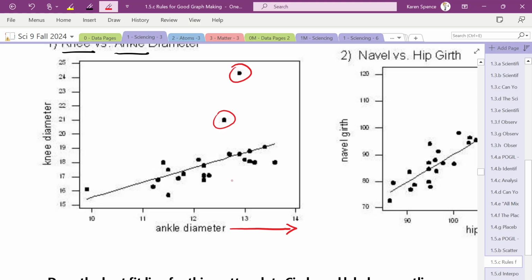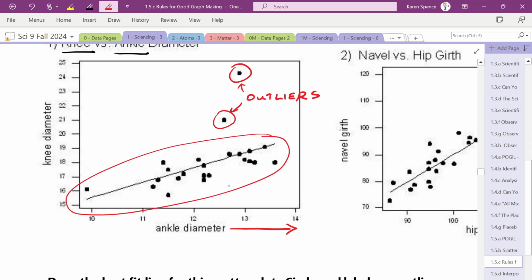So for their ankle size, you just have a person whose knees, for whatever reason, maybe they've got osteoarthritis, which causes swelling of the joint, right? So maybe that's what's happening here. But these 2 points are what we call outliers, because they lie outside of the main data.